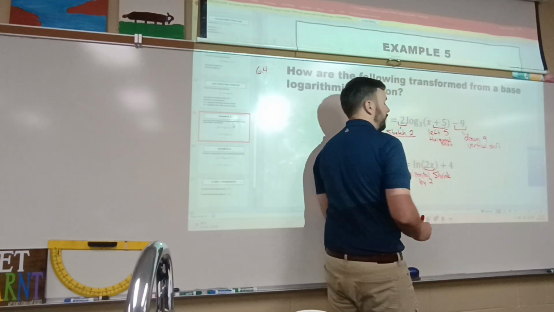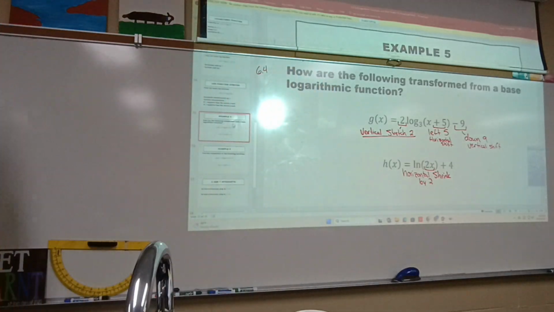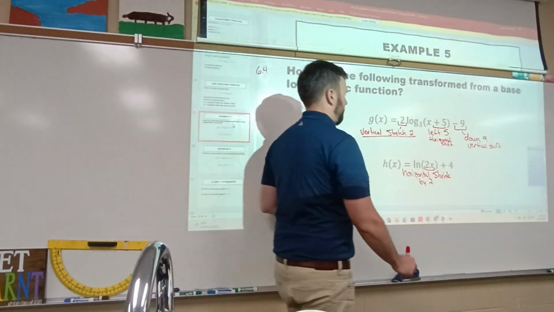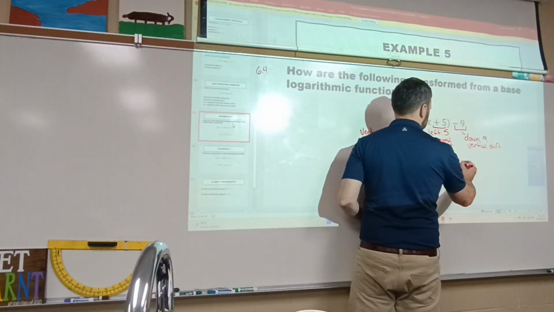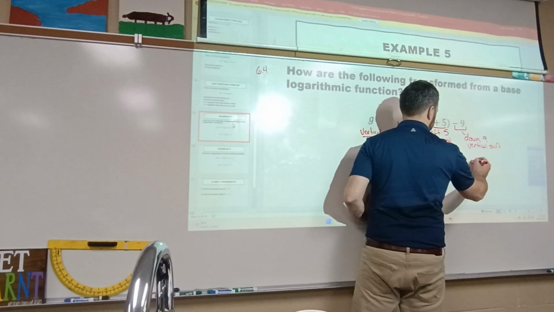Shrink by 2. That means I'm dividing everything by 2. I could have also called it a shrink by a factor of a half because you're multiplying by a half, but you can call it horizontal shrink by 2. That will work. And the plus 4 will move us up 4.